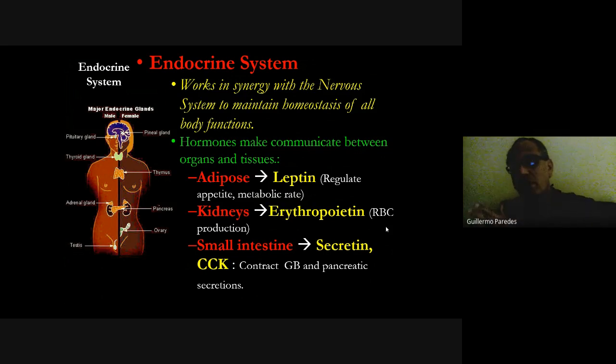Because the endocrine and nervous systems work together, and the commander of that is the hypothalamus. The hormones are basically under the orders of the hypothalamus and the pituitary gland, as we are going to see in the next few moments.